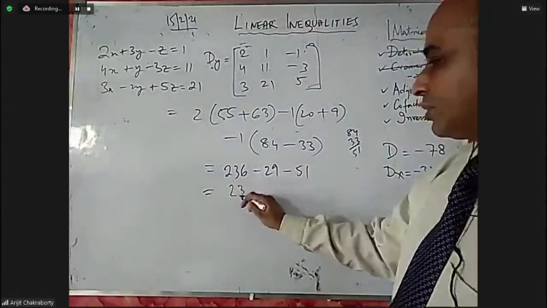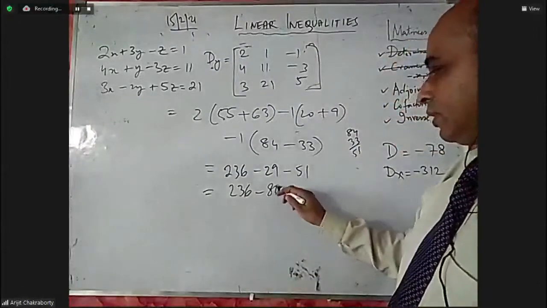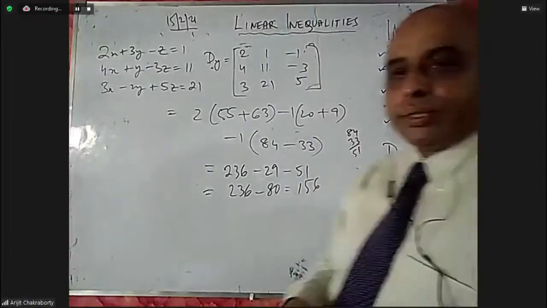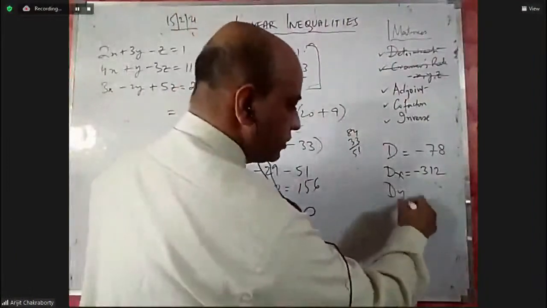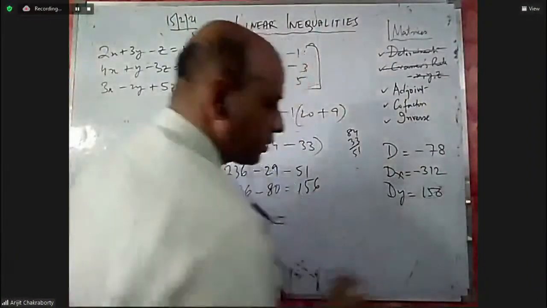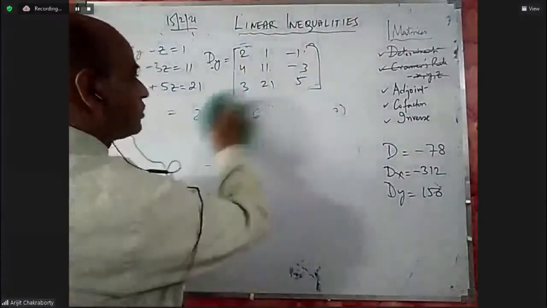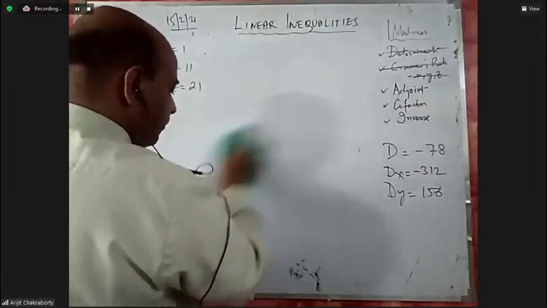So this is 236 minus 80, 156. This is what I'm getting. So dy, I'm getting 156. I will write dy equal to 156. And I will rub this part so that we can carry on with the last computation, and that is dz.